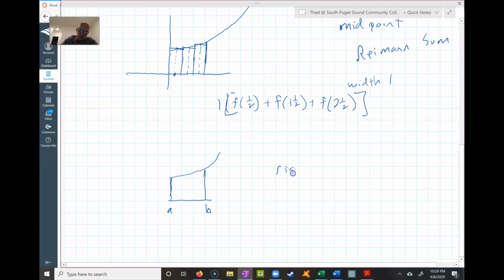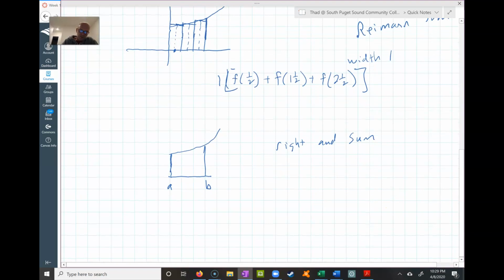So the right hand sum, and let's still use 3 subintervals. But the problem is, I don't know where A and B is. A could be 0 and B could be 72, or A could be 0 and B could be 4 or 2.5 or whatever. So the question is, in this case, what is the width of each rectangle?